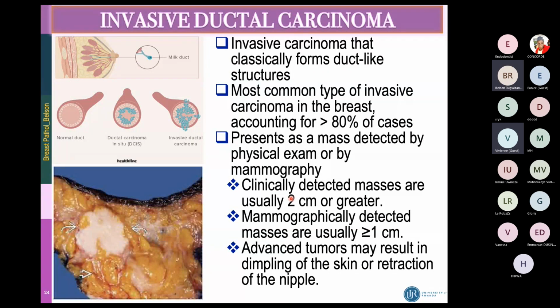So invasive ductal carcinoma arises from the ducts, not from the lobule. You see here a normal duct with its lumen. We have the lining secretory cells, which are whitish. Here you see these blue cells are malignant cells, and they tend to occlude the lumen.